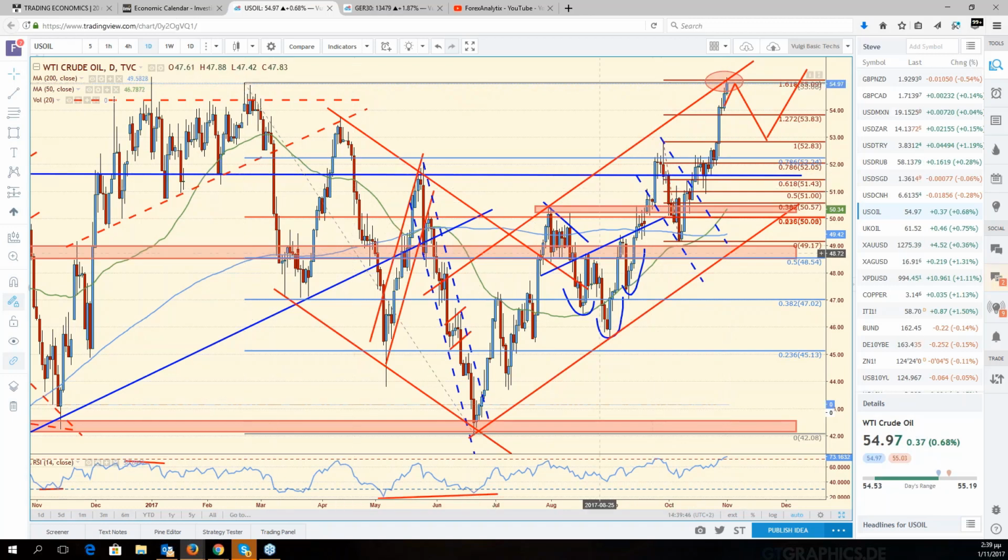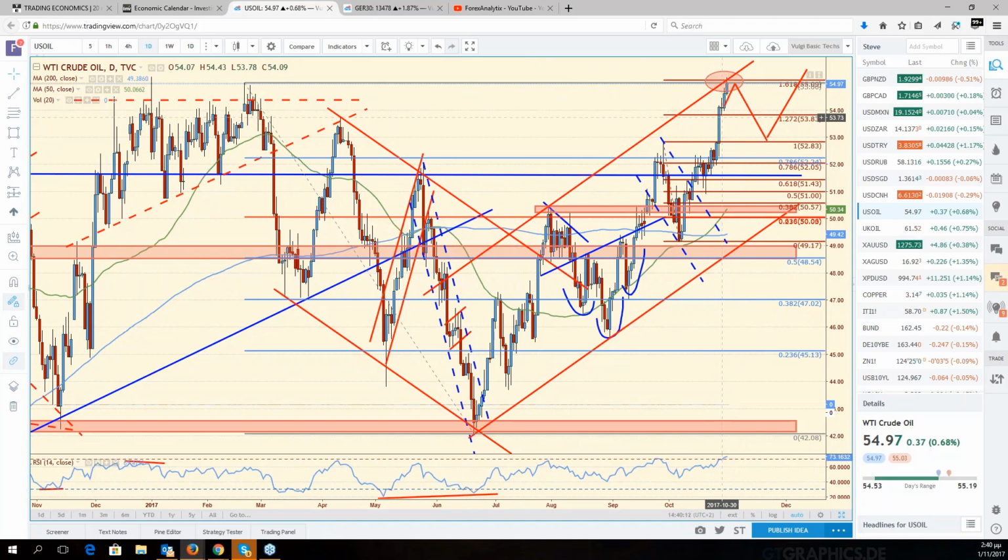It's the 161.8 of this extension. It's also a 161.8 of this move, so extending this move from here, which I haven't drawn now, but trust me, it is. And it's also this ascending channel resistance. So everything confluences at this level, at 55.